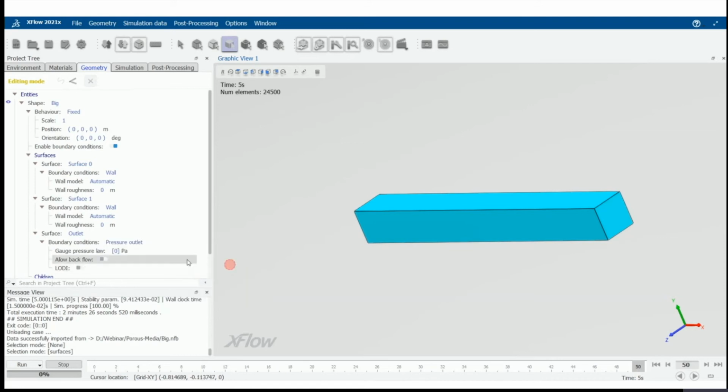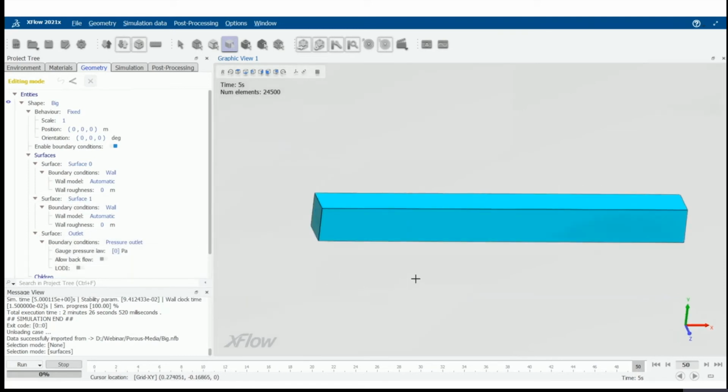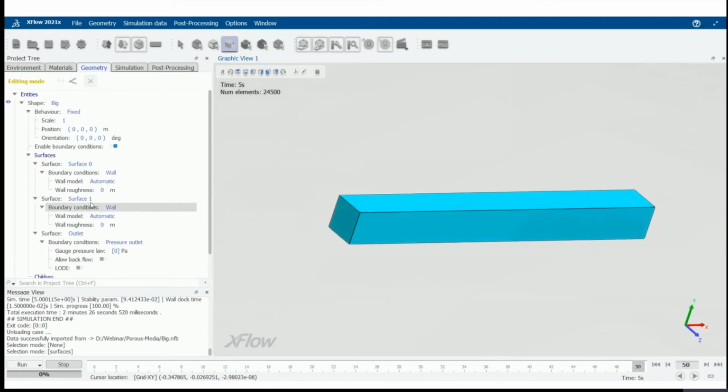You can choose pressure outlet. The pressure is 0 Pascal, the gauge pressure. Switch to inlet. You select the inlet, rename it to inlet. The boundary condition is inlet velocity type. The velocity in the x direction is positive 0.1 meter per second.